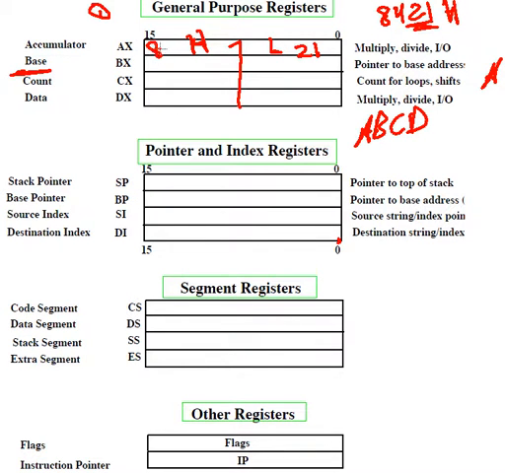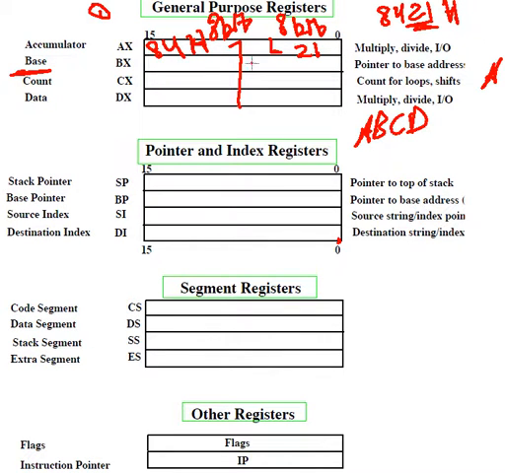This is a common division for the register. We have the low byte and the high byte, and each one consists of 8 bits.